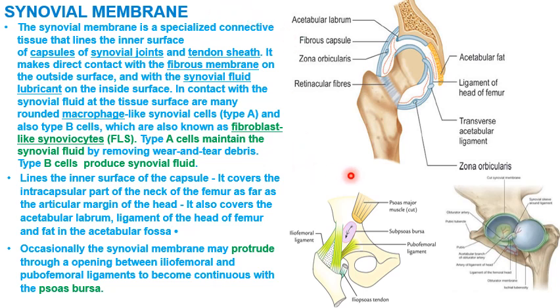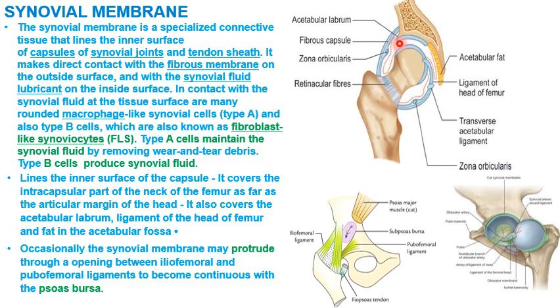Here the outer surface is represented in red color, and here the synovial membrane is in green color. The outer surface of the synovial membrane is in relation to the fibrous capsule, and the inside of the synovial membrane is related to the synovial fluid.